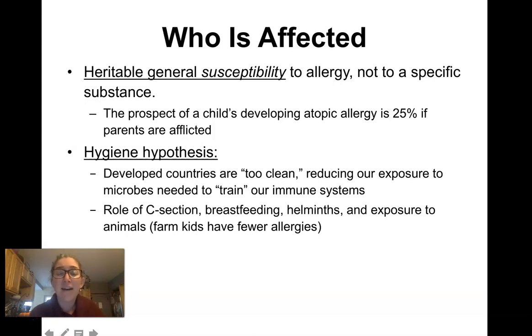There is a correlation between kids who are raised on farms or with lots of pets and exposed to lots of animals. They tend to have fewer allergies than people who live in developed apartment buildings, no pets, no animal exposure. So the more dirt and environmental things you are exposed to seem to reduce your risk for allergies.